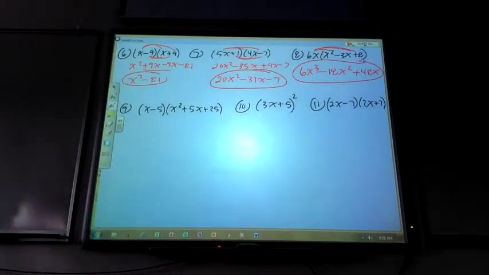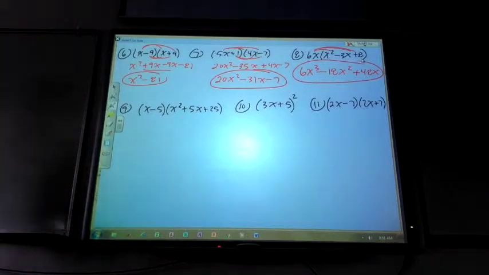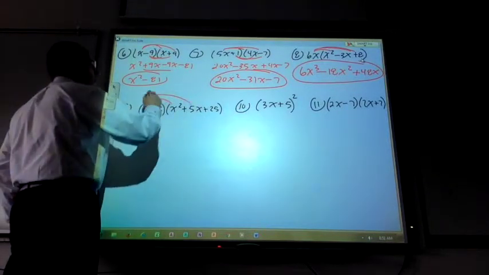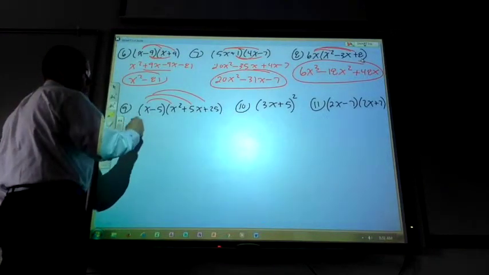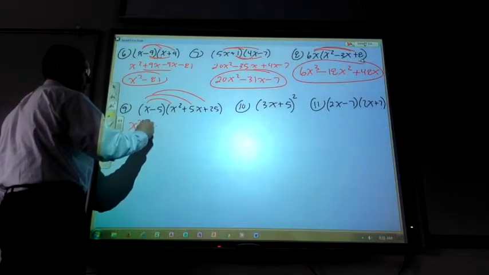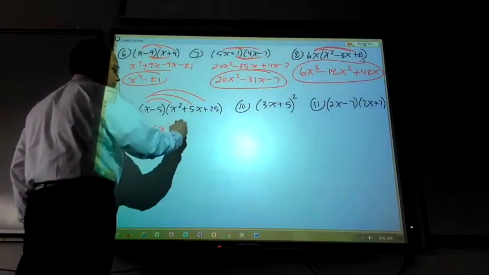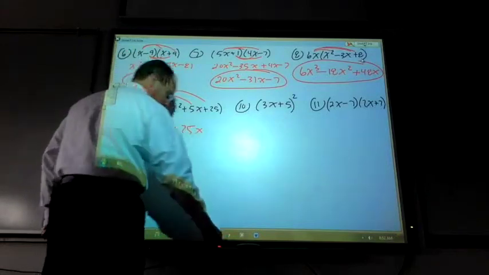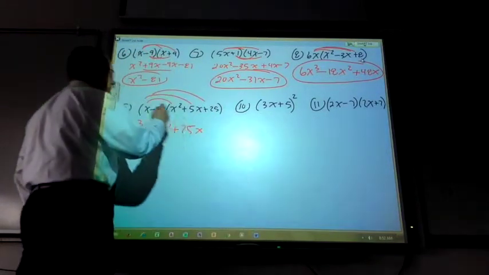What about number 9? I have a binomial times a trinomial. So you're going to distribute the x first. So that'll give you... distribute the negative 5.